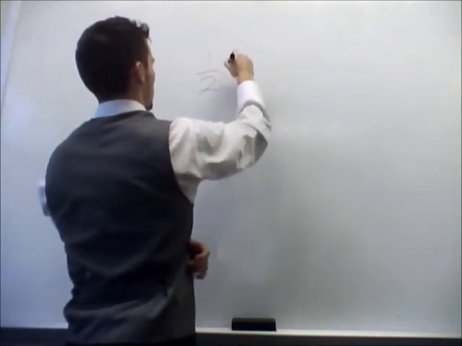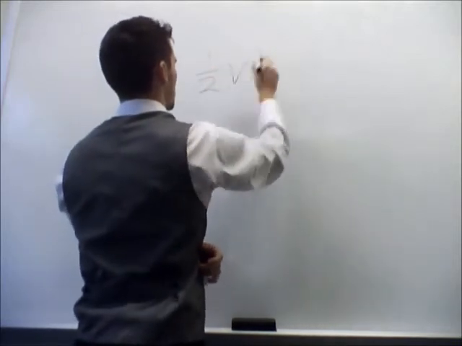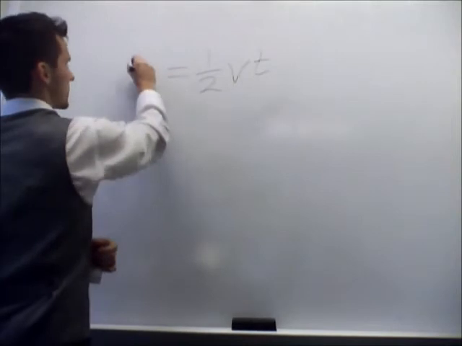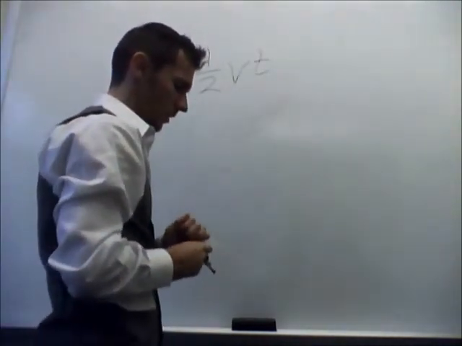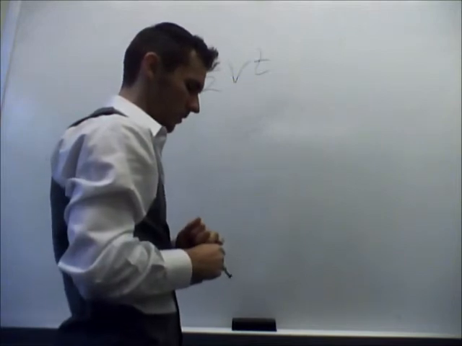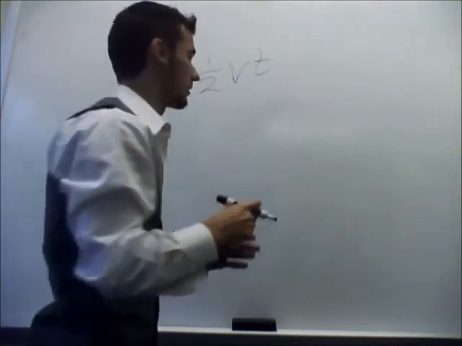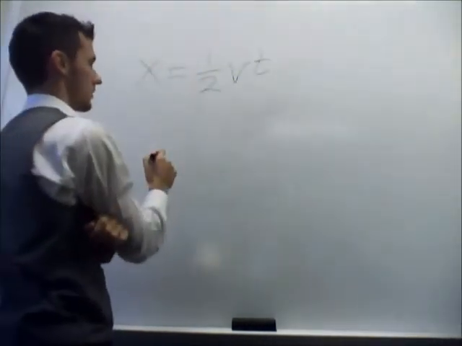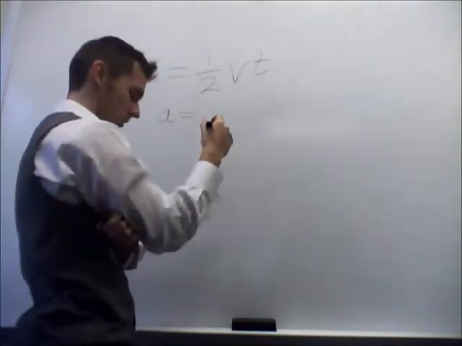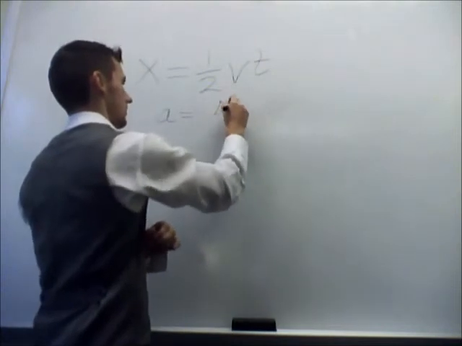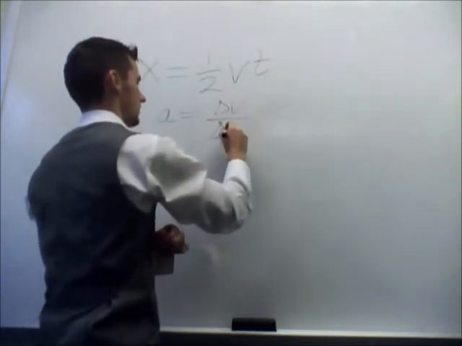One half v t equals displacement x. And so if we try and manipulate this further, we remember that acceleration equals change in v over change in t.